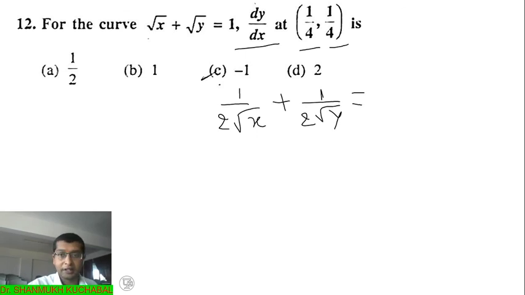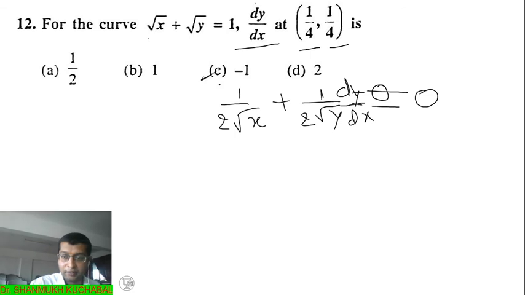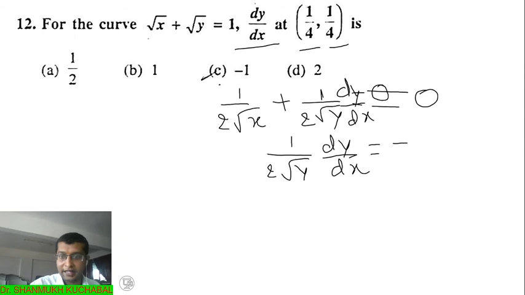and 1 differentiation is 0. Now here we have to write, I forgot to write, into dy by dx equals 0. So this is in plus notation, transport to that side, we get 1 upon 2 root y dy by dx equals minus 1 by 2 root x.